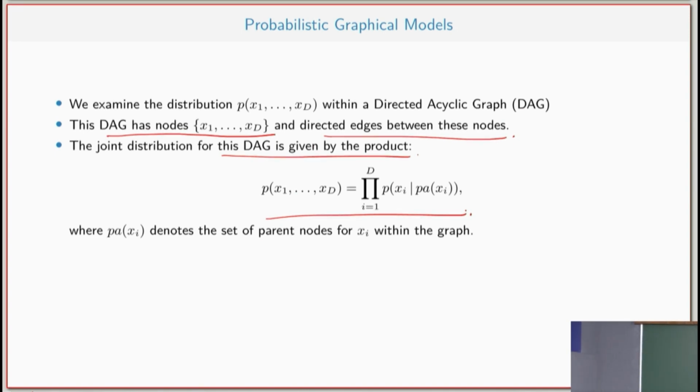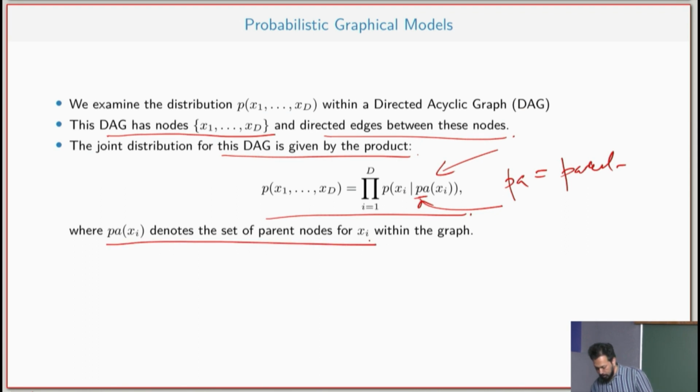So it could be, let's say, pixels in a cat image, and then we can apply the chain rule that we have seen even in the beginning of the class. This is a compact notation where PA stands for parent. So PA denotes the set of parents for the node xi within this graph.